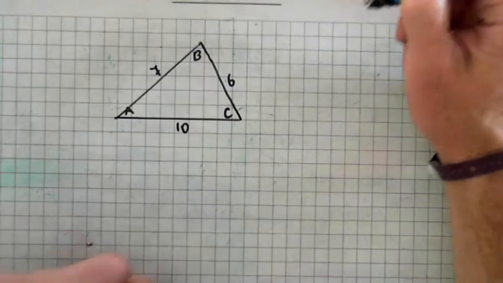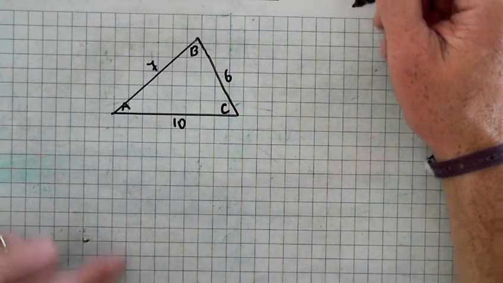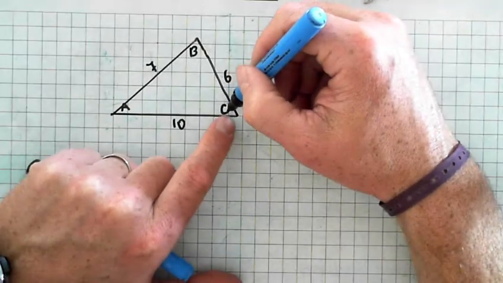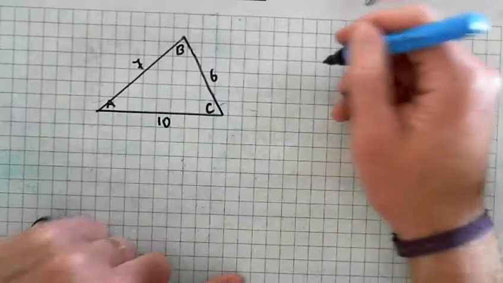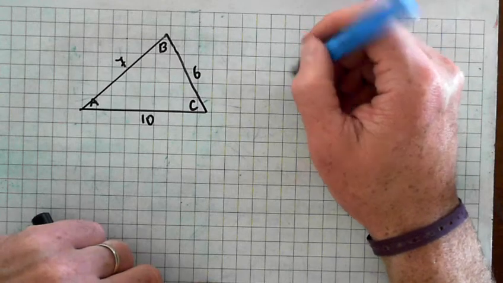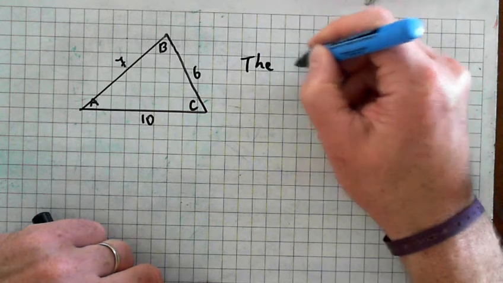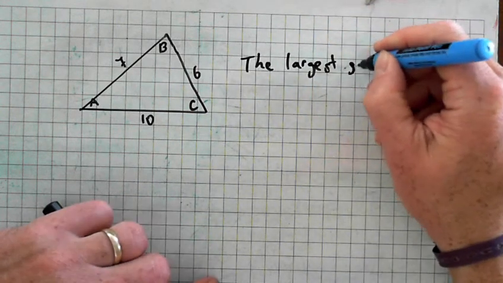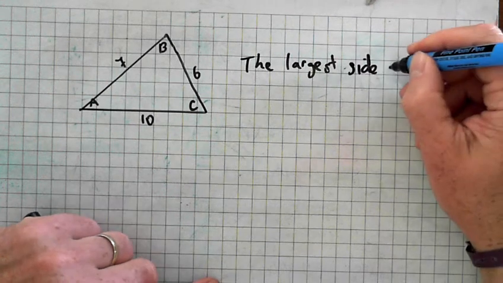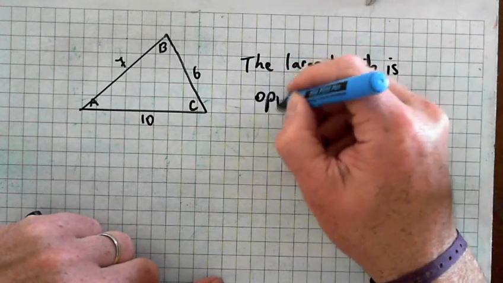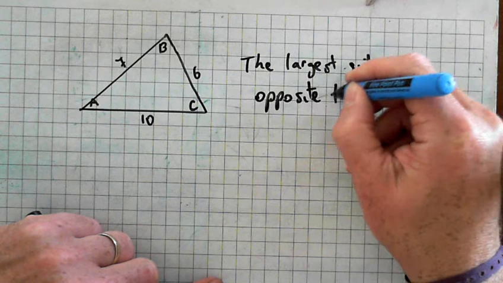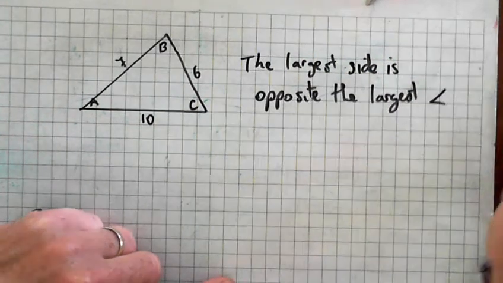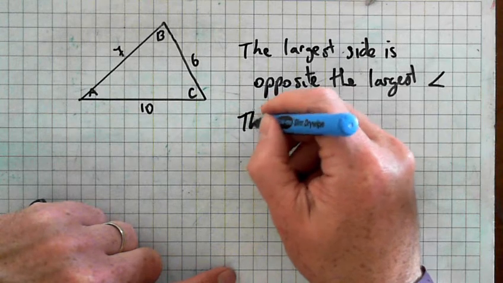So the question here is, which is the biggest angle, A, B, or C? What you need to know is the largest side is opposite the largest angle. And what can I also say?